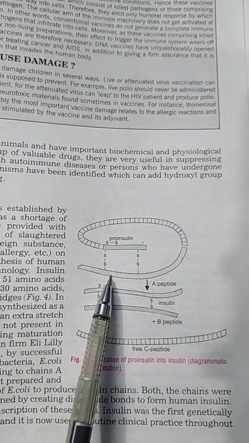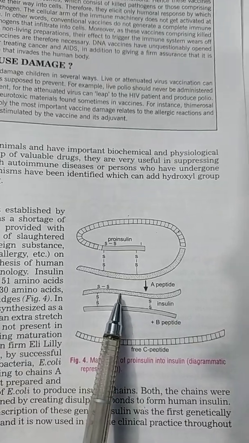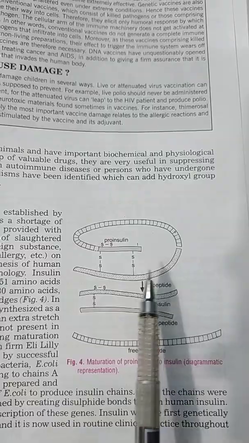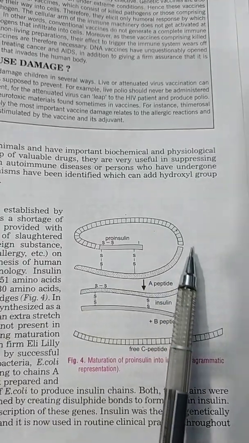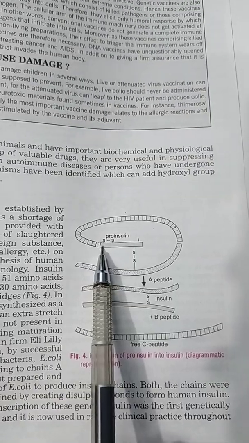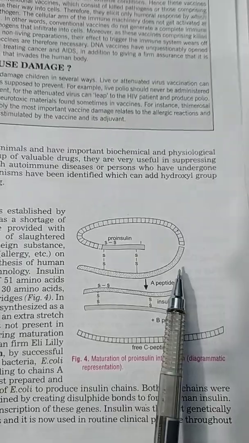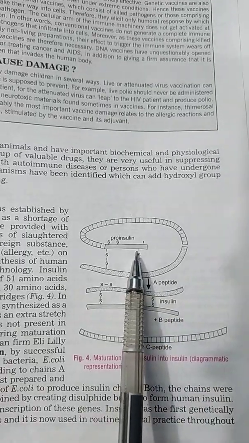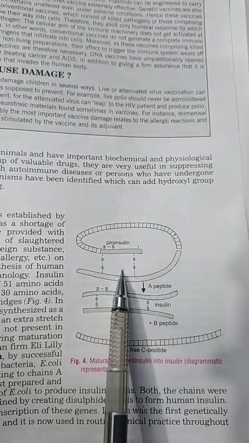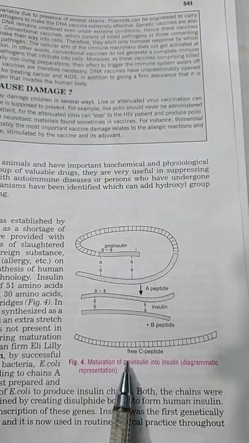Then we see that in mammals, including humans, insulin is synthesized as a prohormone, or proinsulin. What we see here is proinsulin, which contains an extra stretch known as the C-peptide.